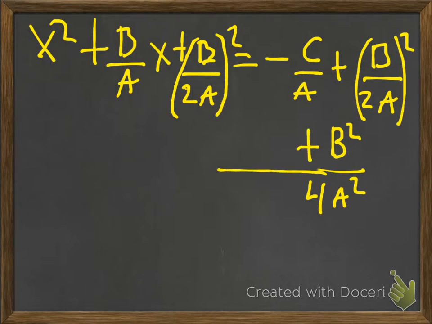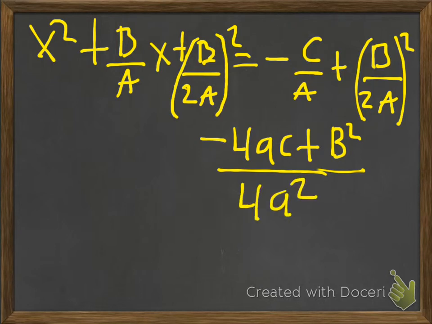Since we multiplied this denominator by 4a times a to get 4a squared as the common denominator, we have to multiply 4a to the top side with negative c. 4a times negative c gives you negative 4ac, plus b squared over 4a squared equals. So we're done with the right side.